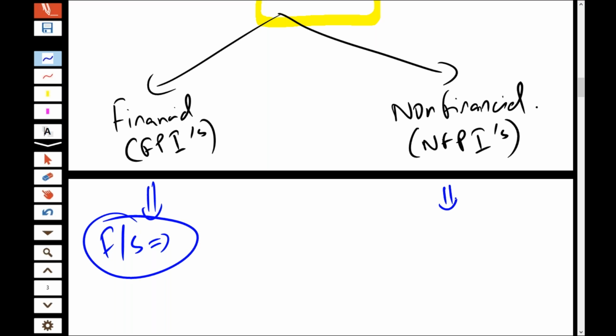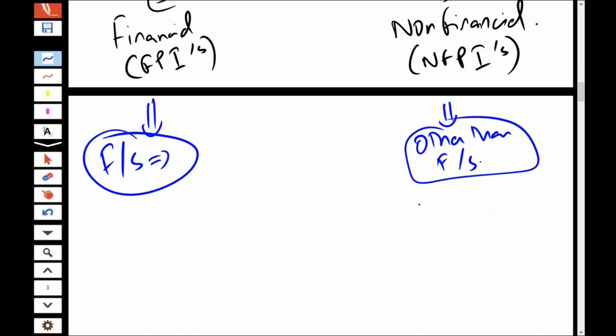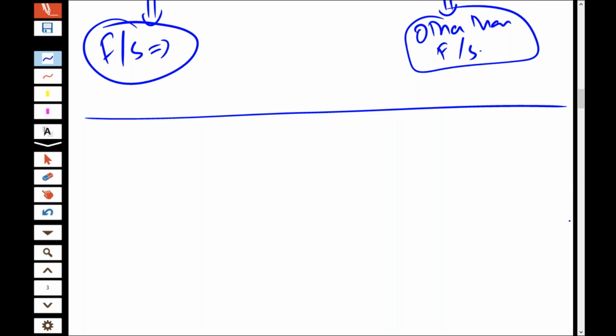And when we talk about the non-financial performance indicators, that means that you would be measuring the performance using information which is other than the financial statements. Now, what exactly are these financial performance indicators? What exactly are these non-financial performance indicators?